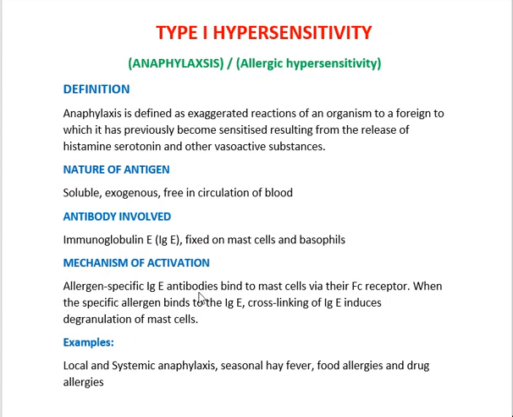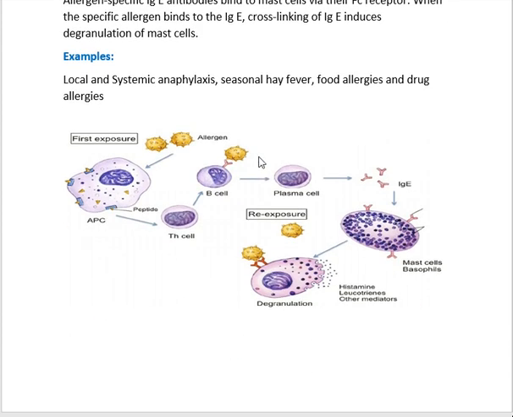So let's see this mechanism in detail now. Here is a picture of what is happening. This anaphylaxis is mainly characterized by an allergic reaction occurring immediately following an individual's second contact with the responsible allergen.